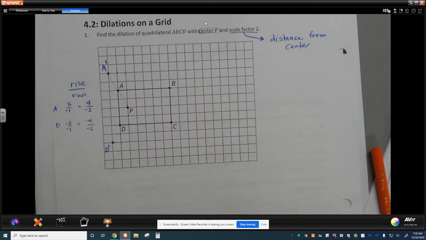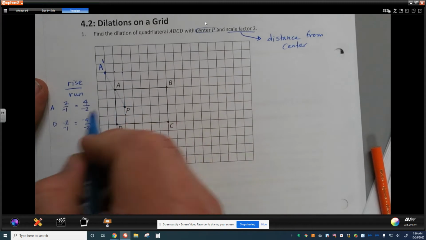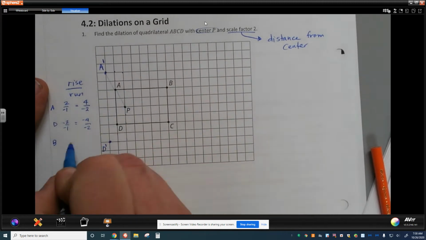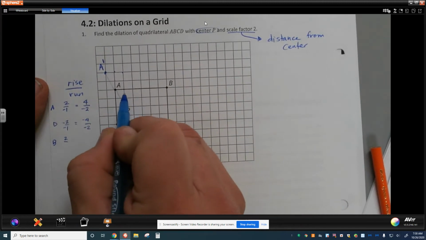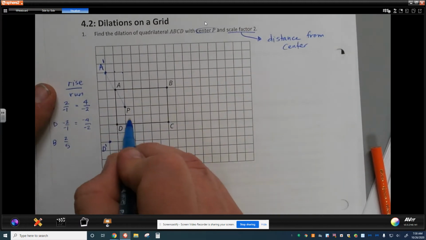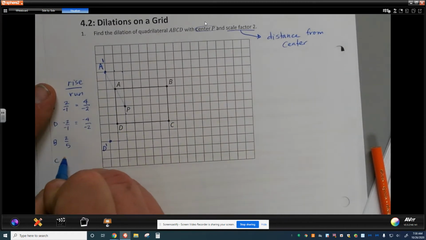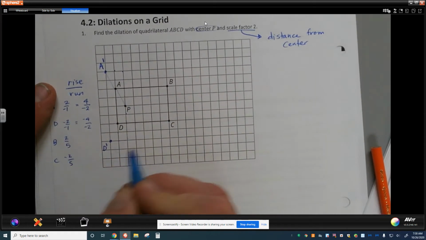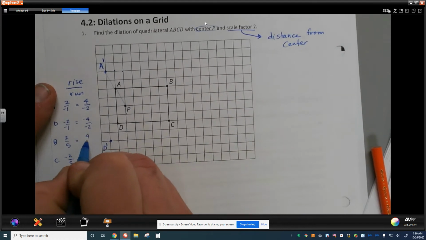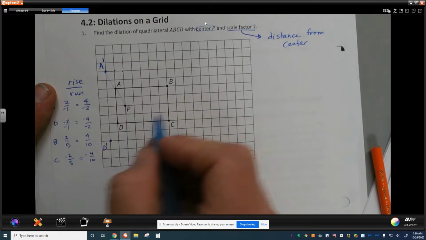And we will see that exact same pattern used for B and for C. So here we go. For B, this is up 2 units and to the right 5. I'm going to go ahead and grab C real quick. Down 2, to the right 5. And then we double those. We know that that will be 4 over 10 and negative 4 over 10.